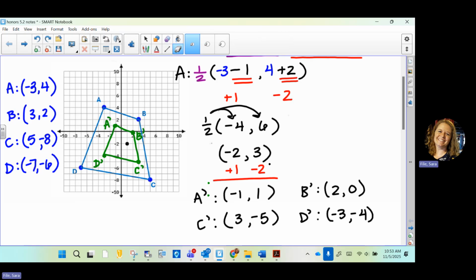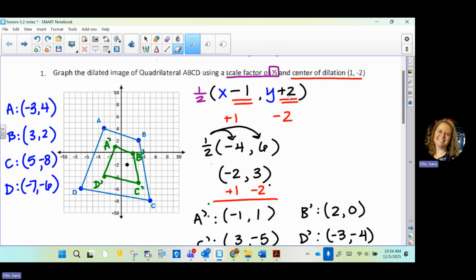If you want to keep in your notes, I know I showed plugging in the numbers, but if you want to keep that as your X and Y for the sake of the formula, that's fine. That's what you're doing. You're taking your original point, you're doing the opposite of whatever your center of dilation is.